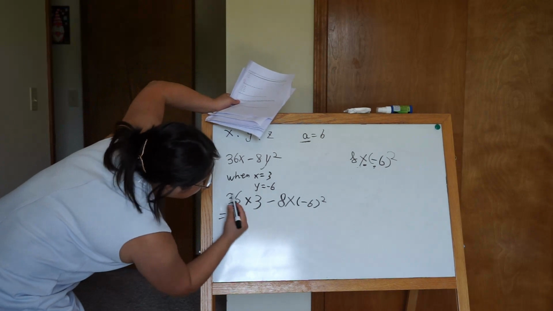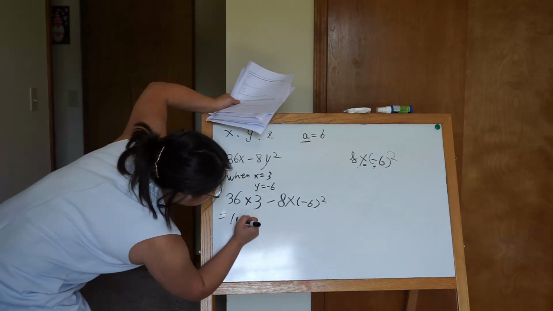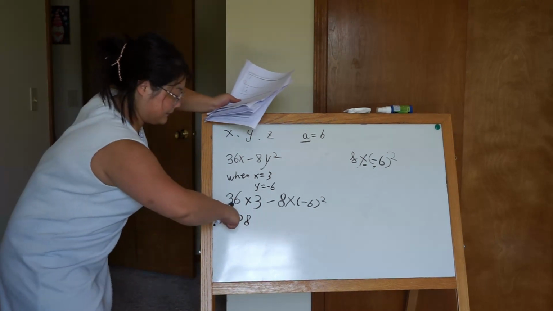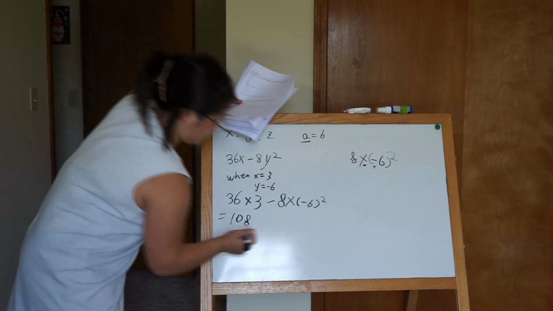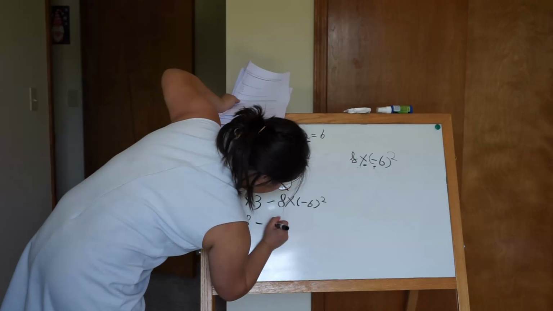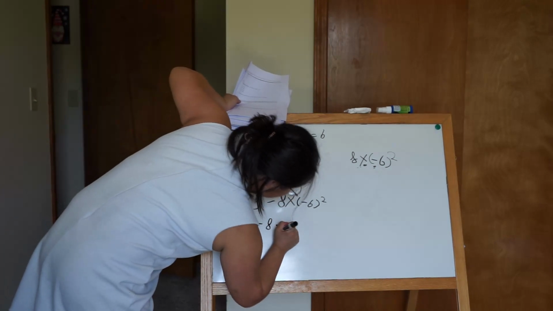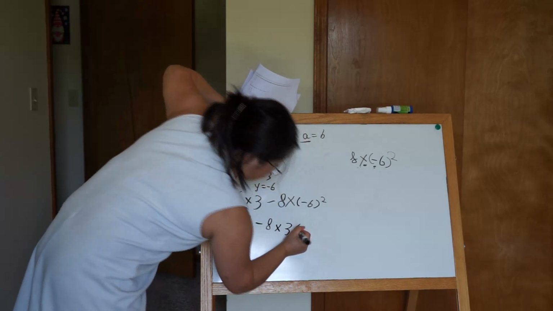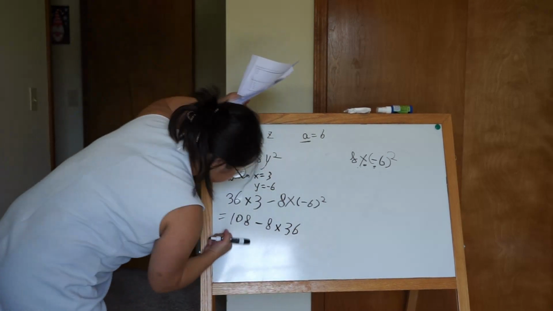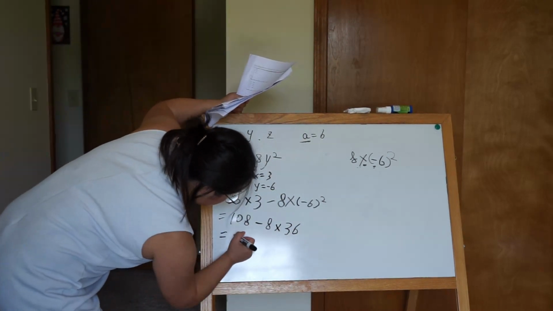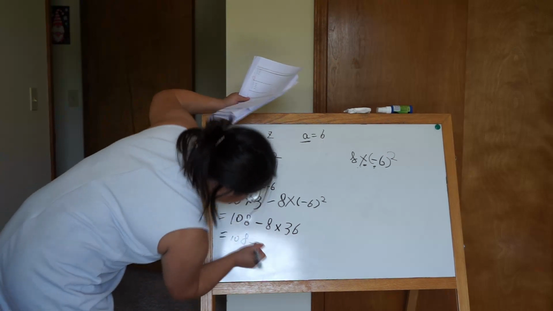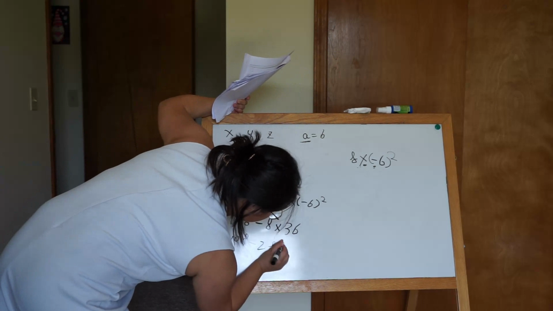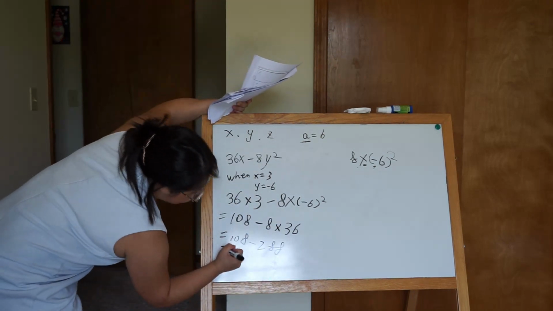We get here 108. You can use a calculator to do this. 36 multiplied by 3 minus 8 multiplied by minus 6 squared. You can use a calculator. 108 minus 288, and then what we get?